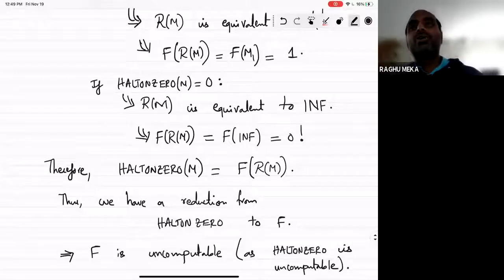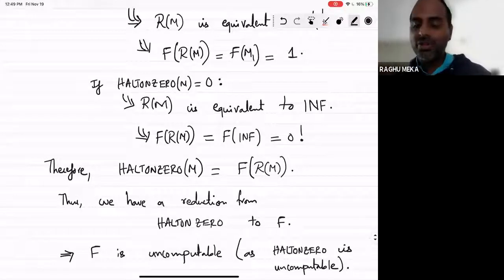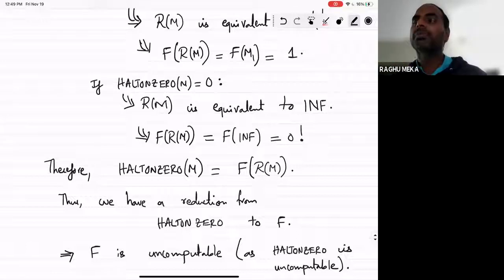Okay. So if we could solve F, we could solve halt on 0, but we cannot solve halt on 0, so we should not be able to solve F. Okay. So that's kind of the whole proof.